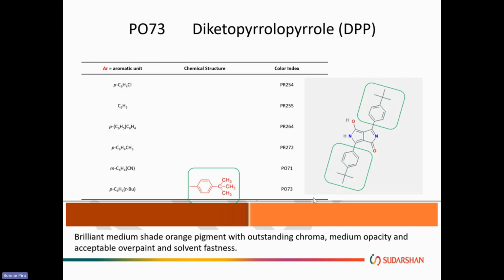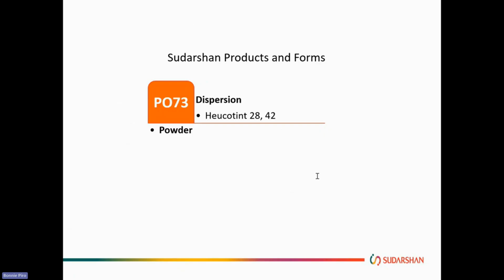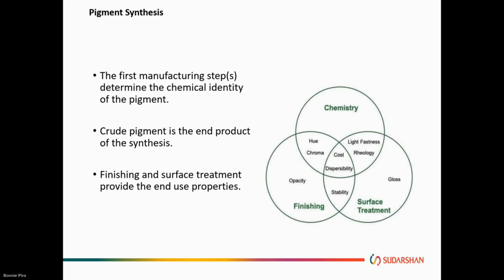And then Orange 73, this is a more medium shade orange pigment, tends to be more to the opaque side in terms of opacity, similar in opacity to the Red 254, for example. We have this in the dispersion form within the Sudarshan product portfolio.